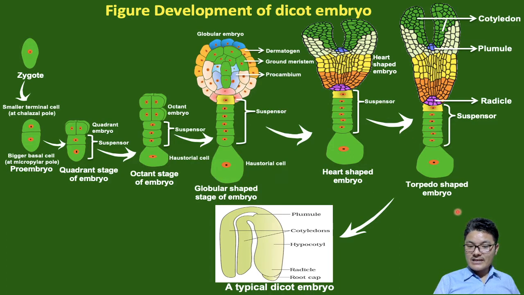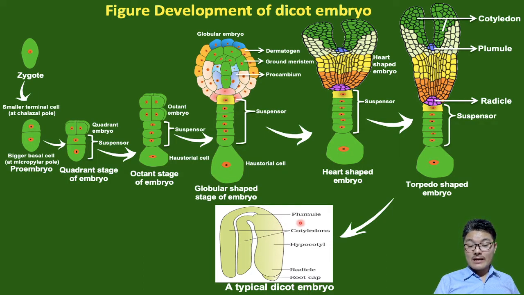So this is the walking stick stage of your dicot embryo, wherein you are able to find your embryonal axis, which has a lower region called the hypocotyl, and an upper region called the epicotyl. Over here it's not shown.